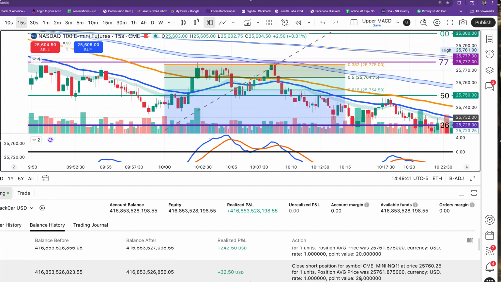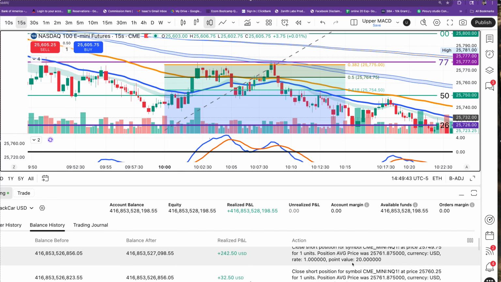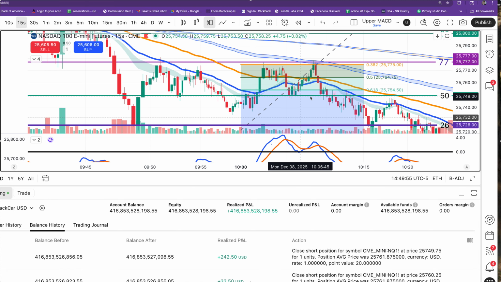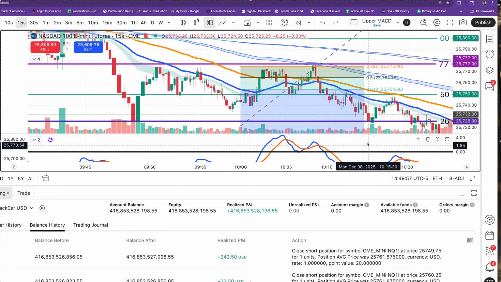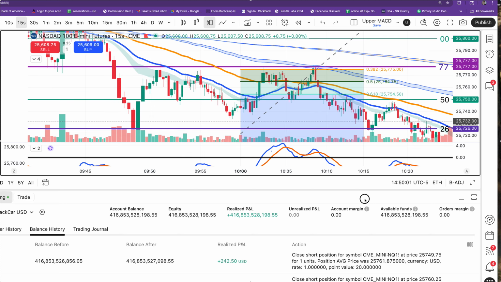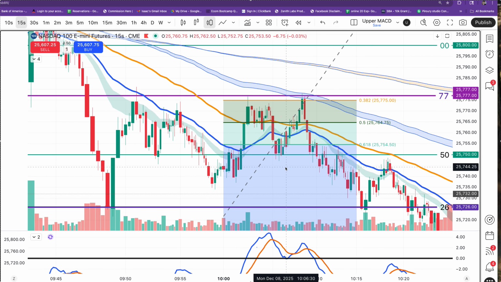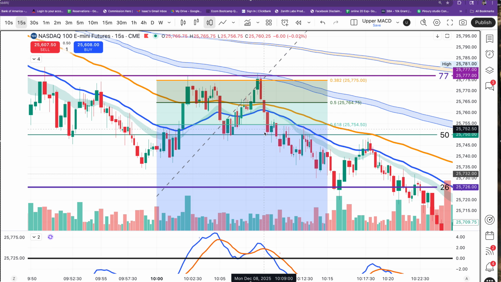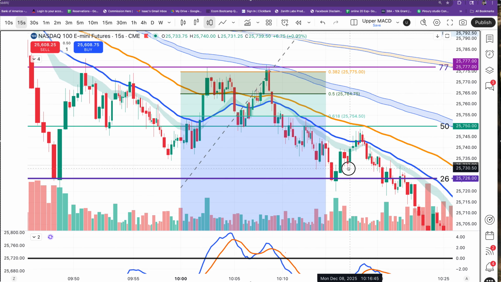And then I moved my stop back, and on the second lot of that position, we got down to 25,749.75, which is down here in this area, probably because it was bouncing back, and that was our first trade. So yeah, I didn't really manage that. I think my entry wasn't bad on that one, but the management of it definitely left something to be desired. Probably could have gotten more on the first lot and on the second lot.